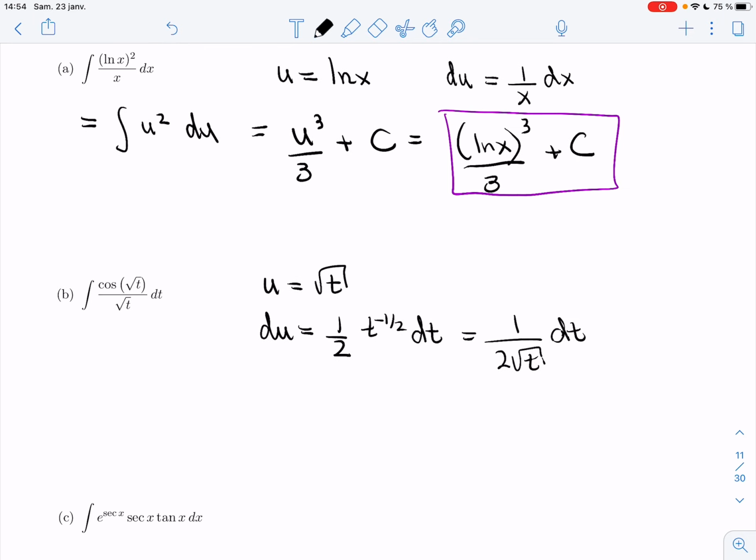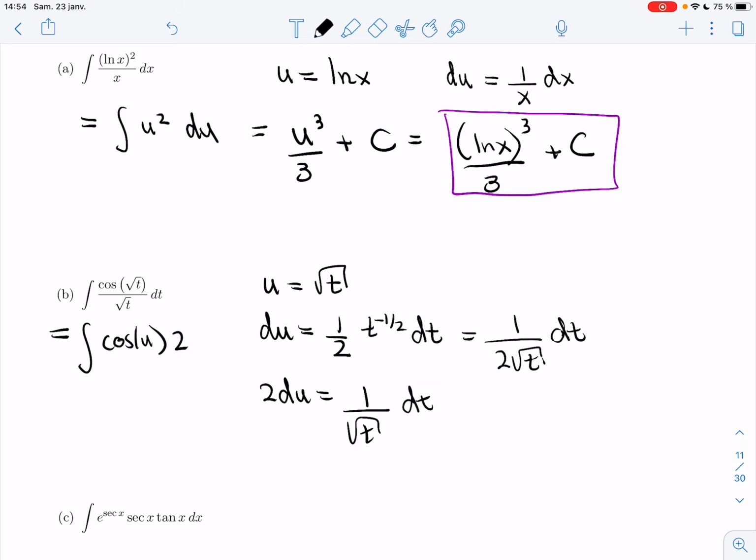So here, one thing I could do is I have root of t and dt, and so I'm going to keep this, and let me just send the 2 to the other side. So I get 2 du is equal to 1 over root of t dt. All right, so this integral is cosine of u times 2 times du.